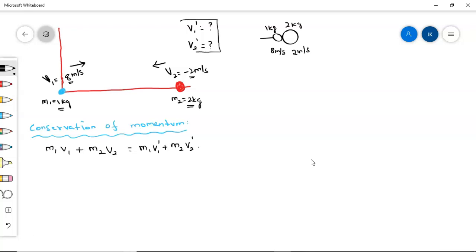If we don't know these two factors, we have a very quick shortcut method to find the v1 prime and v2 prime values easily. So you can use this shortcut.